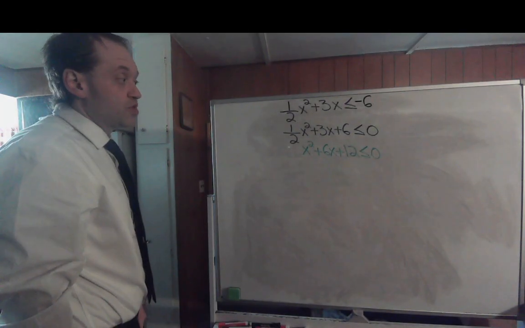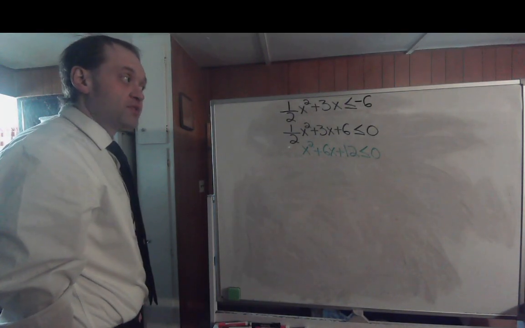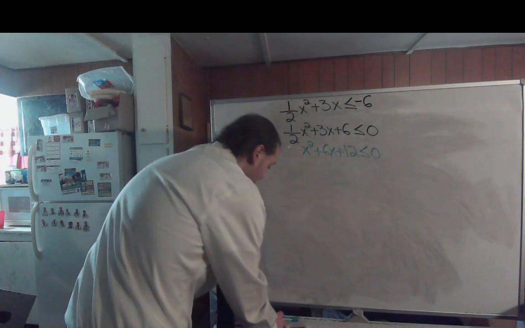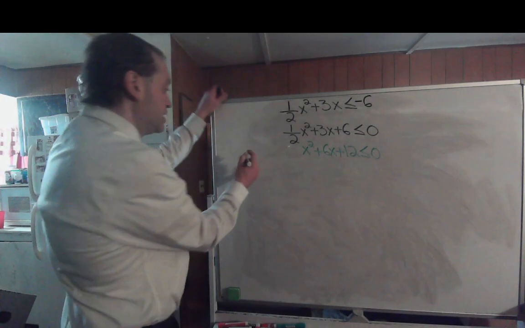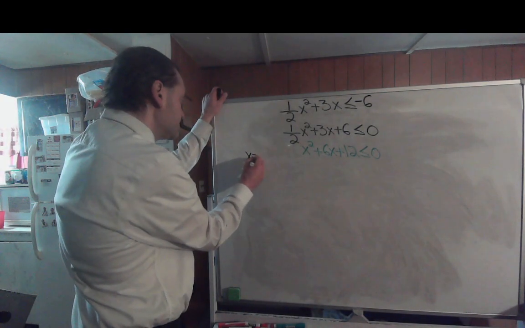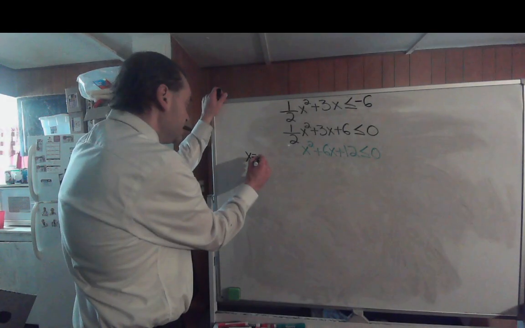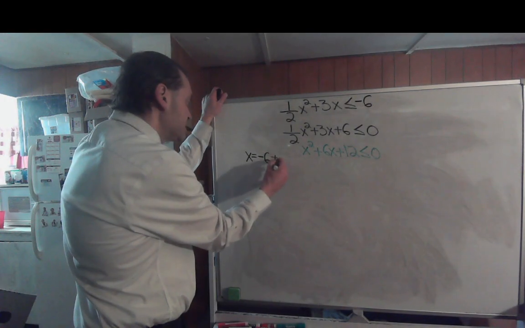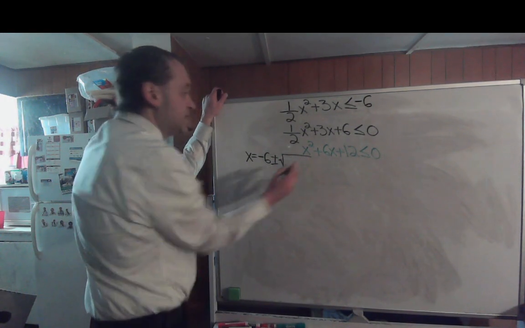And unfortunately, it looks like we're in another situation where we really can't factor. So back to the quadratic formula. So x equals negative of b, so that'd be negative 6 plus and minus the square root of your b squared.